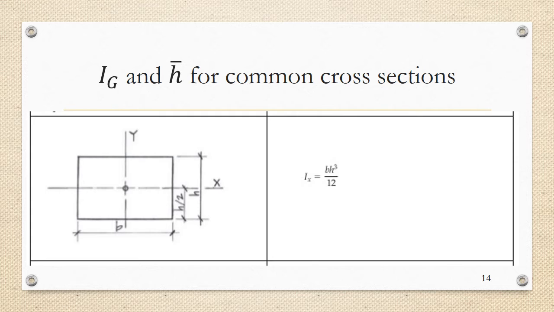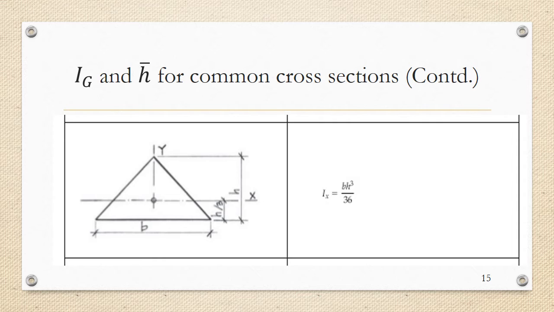So IGx is b h cube by 12, whereas IGy would be b cube h by 12. So this is the centroidal moment of inertia for a rectangle, and the position of the centroid would be h by 2 from the base and b by 2 from the side.